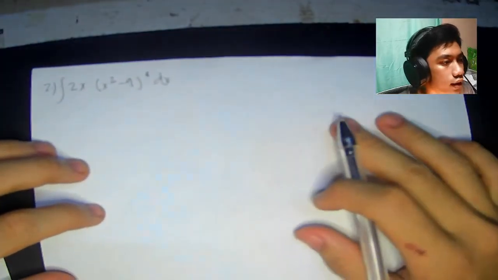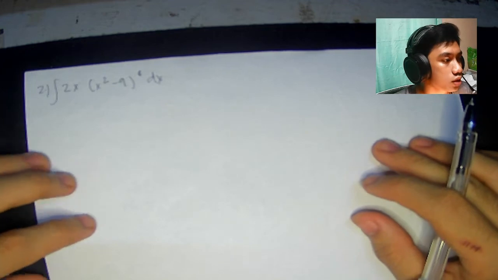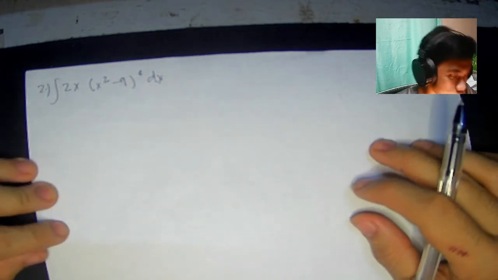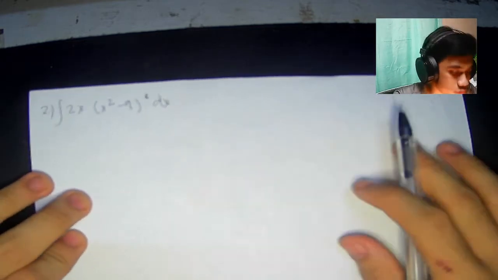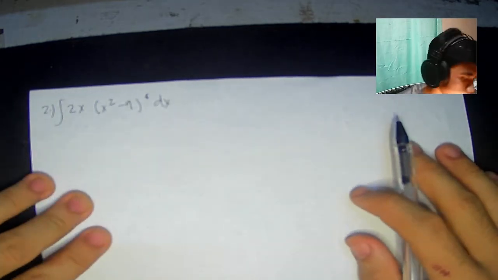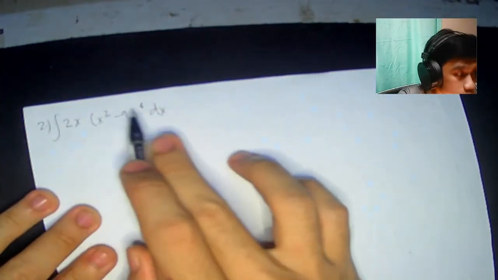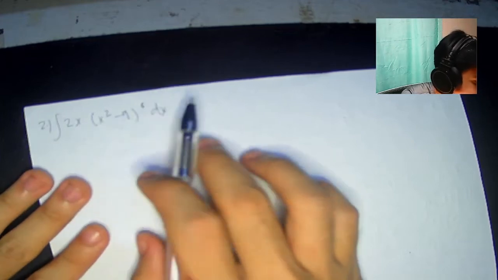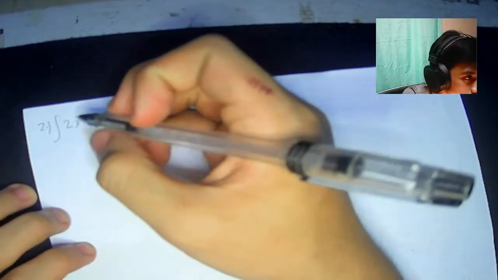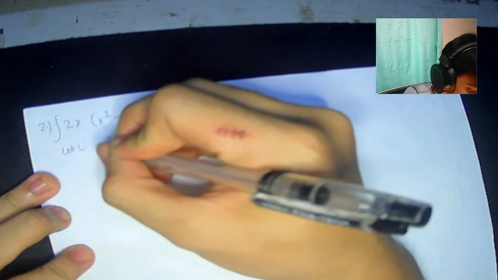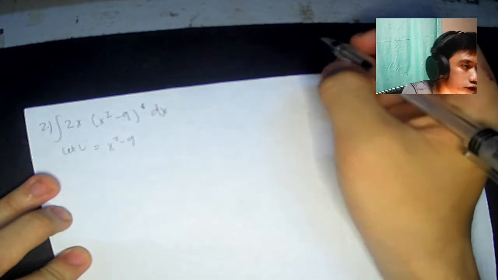So now let's use U substitution again for example number 2. This enclosed part should be our U, because it's much harder to integrate. So let U equal x squared minus 9. Let's just leave the exponent 4 right there.